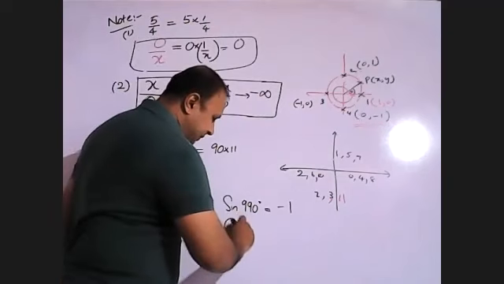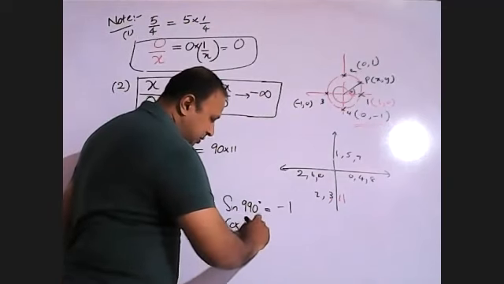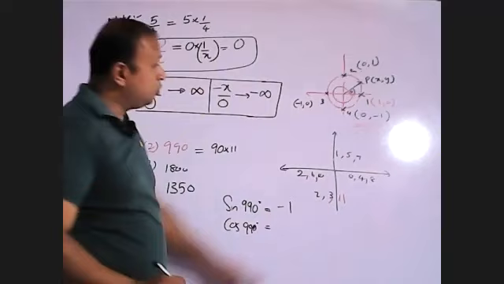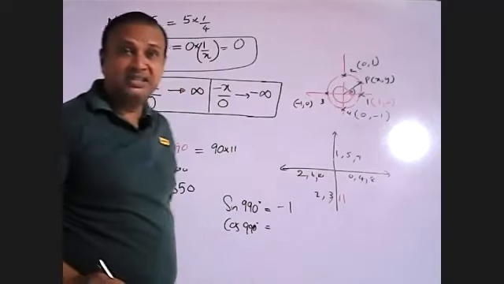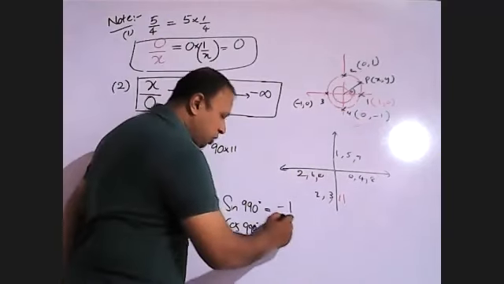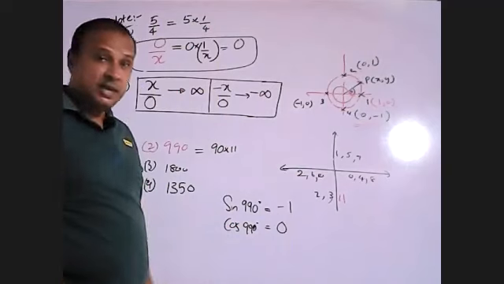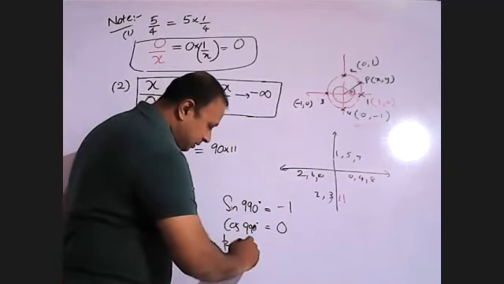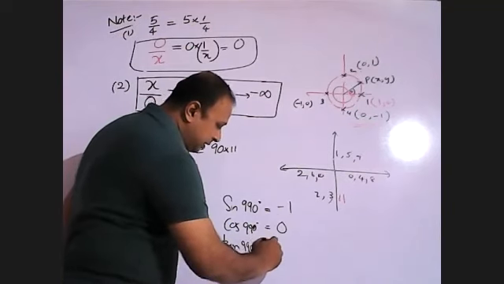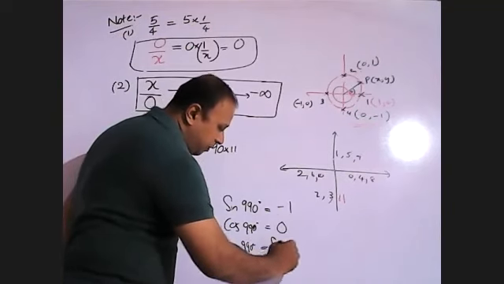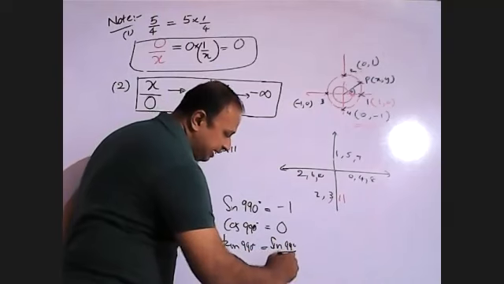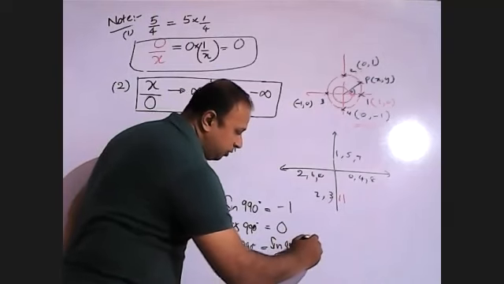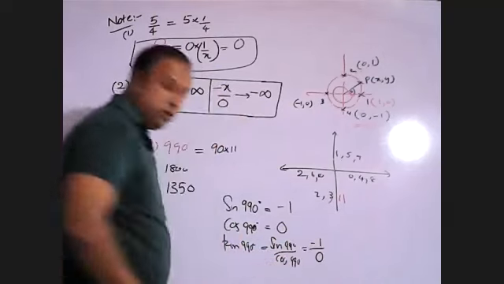Cos 990 is equal to the x coordinate of the unit circle, so it is equal to 0. Then tan 990 is equal to sin 990 over cos 990, so that is equal to minus 1 over 0.